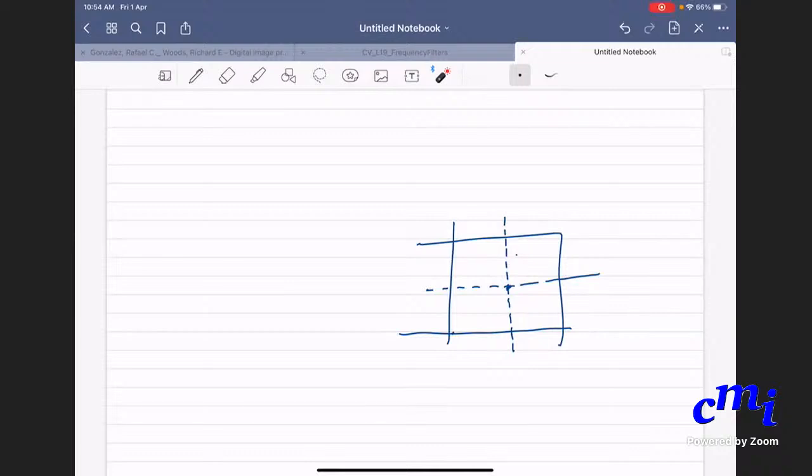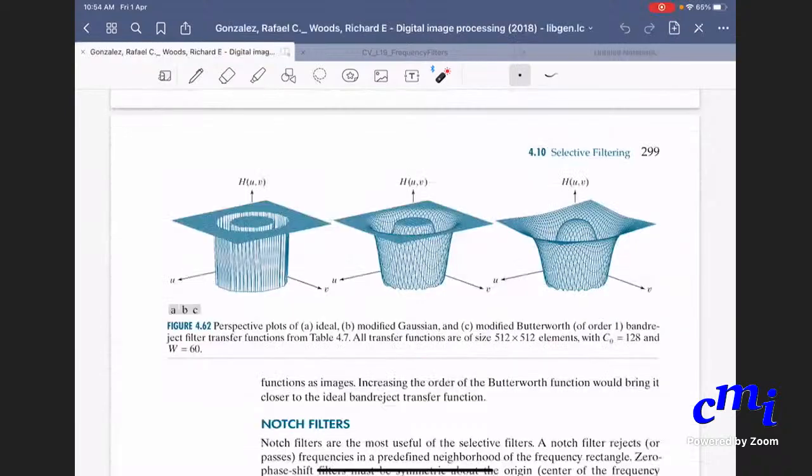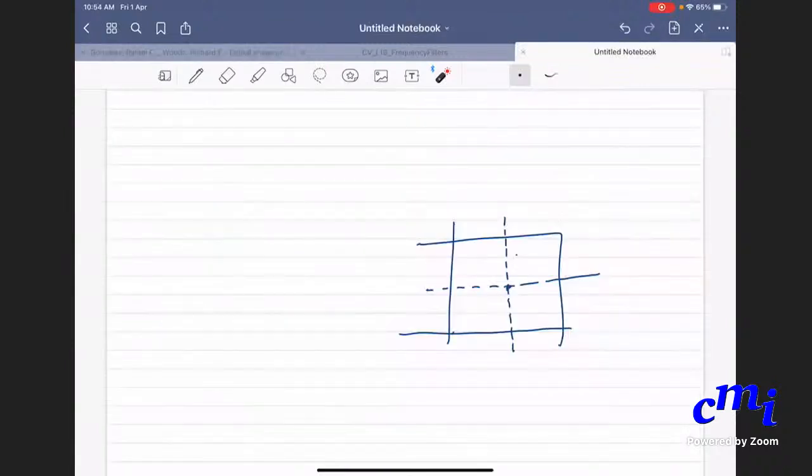The Gaussian, Butterworth, or the ideal, all those perspective plots that we saw, appear circular for this exact reason. This is how the band reject filters or band pass filters will appear, because again you just need to process around this center of the frequency rectangle.